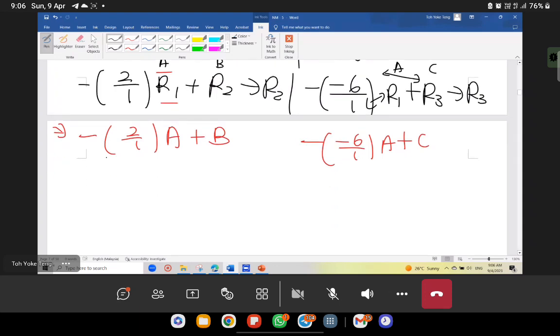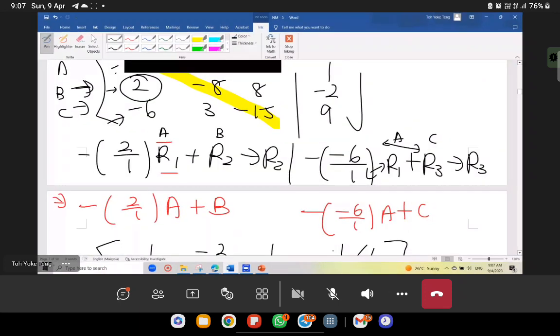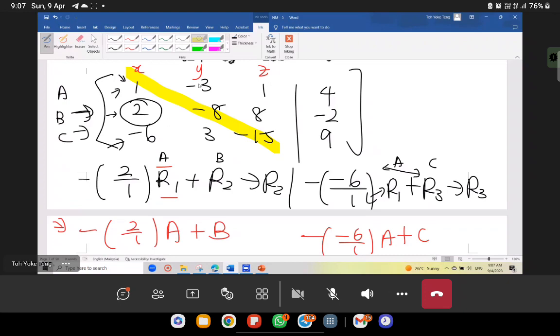For the matrix, these two equations eliminate the elements from the second row and the third row only. For the rest, you just rewrite it first, and then insert this into your calculator.